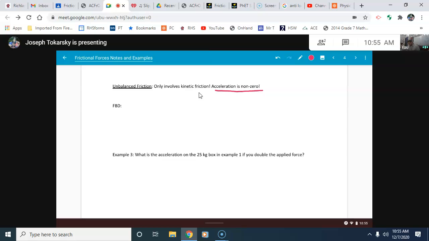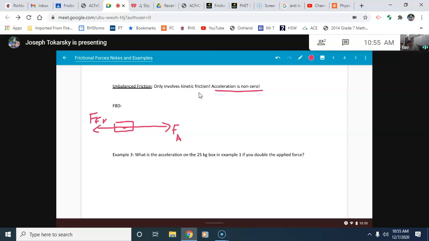All right, so for the time being, there's probably 3 sub-scenarios you could get into under unbalanced friction, and we're going to take care of them all at once. We could have a scenario, and this is what our example below is going to be like, where maybe now the applied force is significantly bigger than the kinetic frictional force.